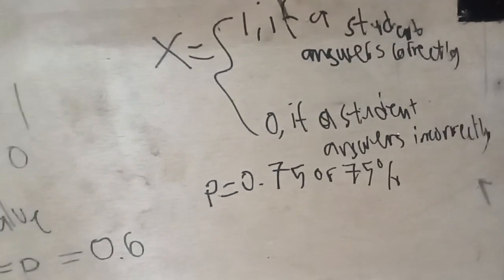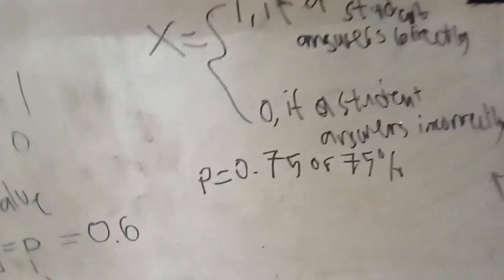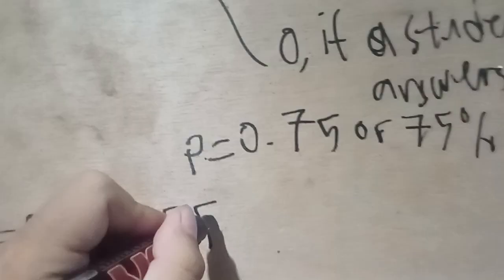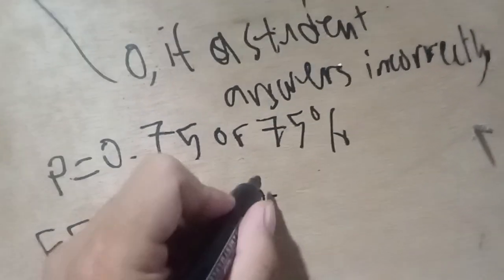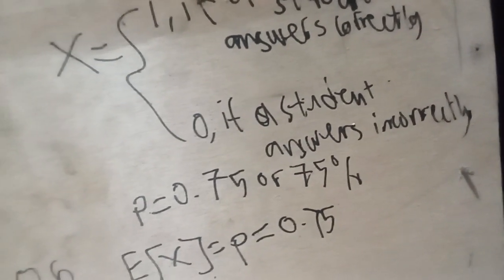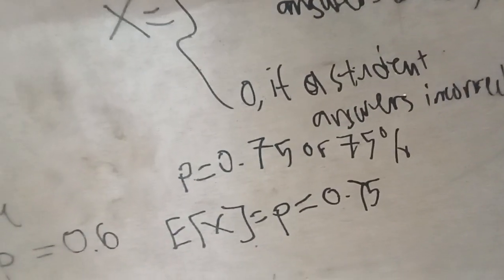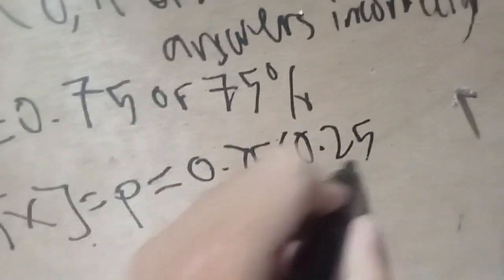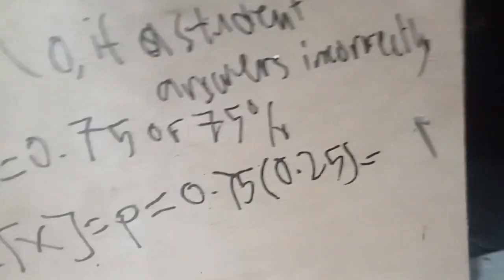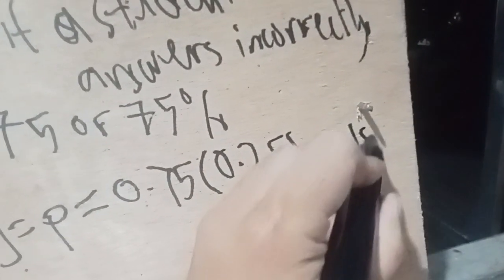Now let's calculate the variance. Var of X equals P, which has a value of 0.75, times 0.25, equals 0.1875.